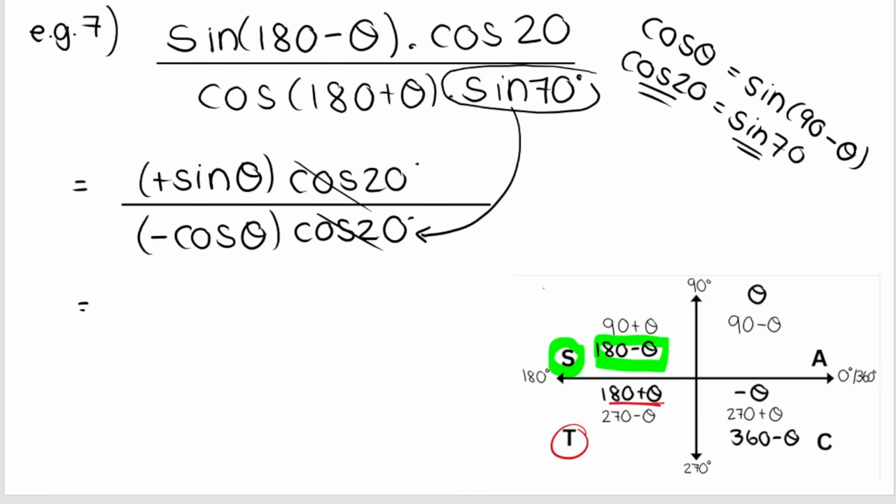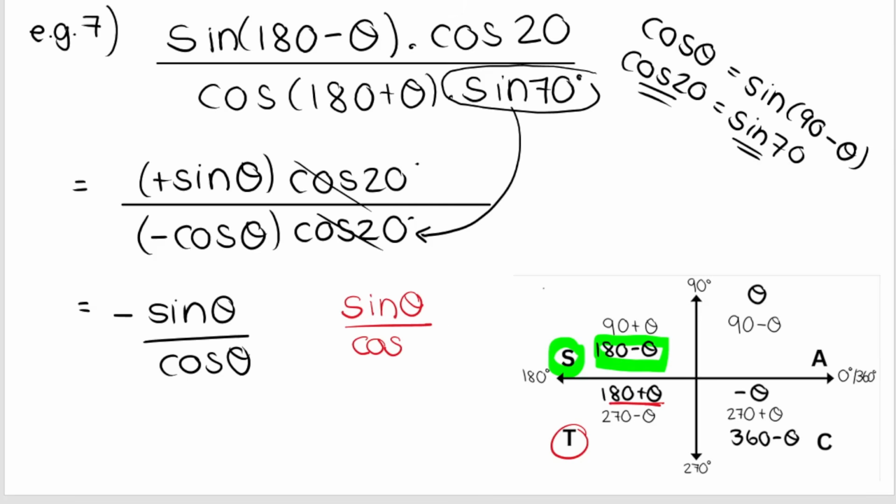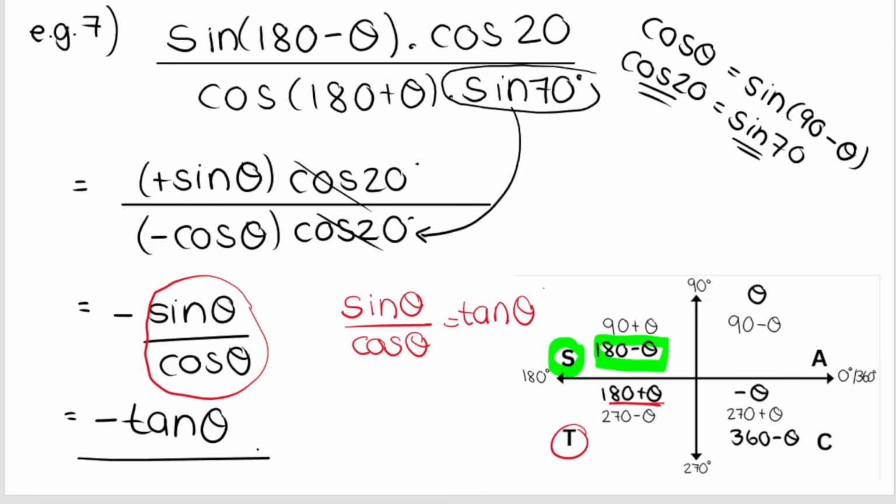I hope that makes sense. And then I've got sin theta divided by negative cos theta. So that is negative sin theta over cos theta. And again, if you know your identities, you should know that sin theta divided by cos theta is equal to tan theta. So this becomes a tan theta, and that is therefore my answer.